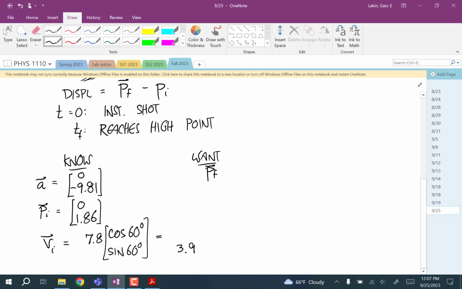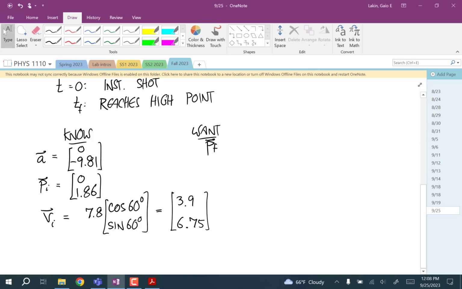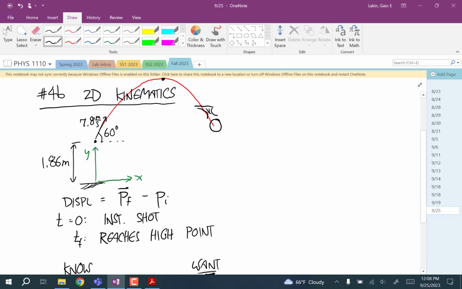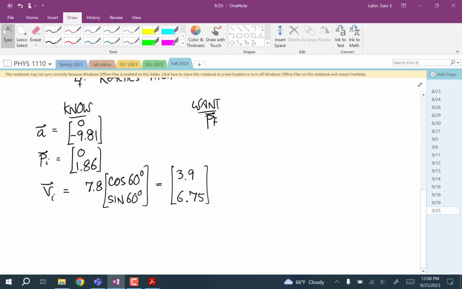Yeah. 3.9. That's the sine. Oh, yeah, you're right. I'm thinking of 30. So 3.9. 60 is 6.75499. So I'll just call it 6.75. Okay. And then the one thing we've been waiting to say, since it's the highest point, is we know that V final is equal to 0. V final y.